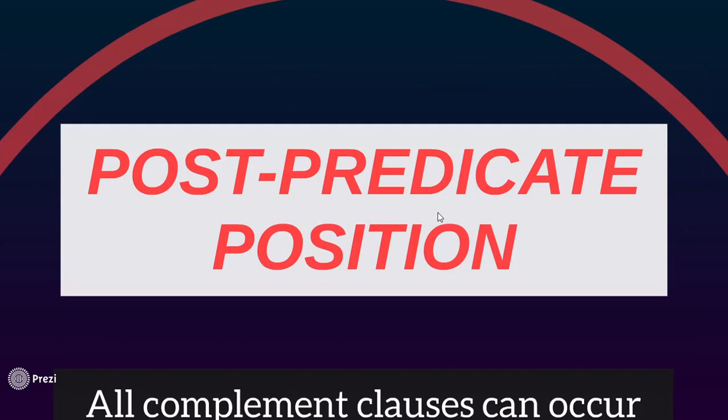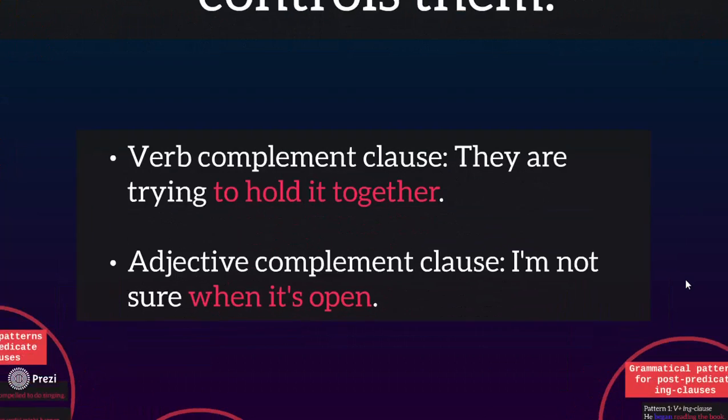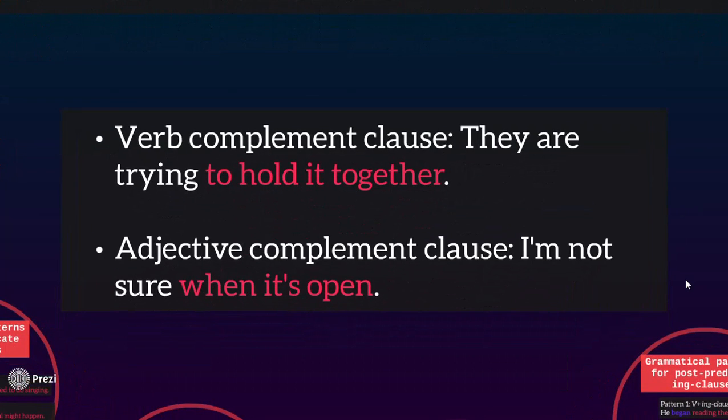All complement clauses which are placed after the controlling element, either an adjective or a verb, are placed in post-predicate position. Here we have two examples to illustrate this position. In the first example, we can see a to-infinitive clause which is placed after a verb.